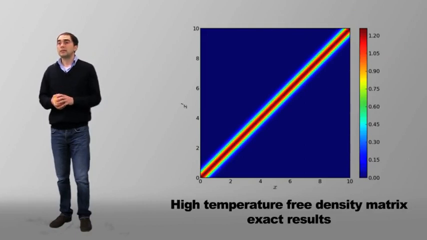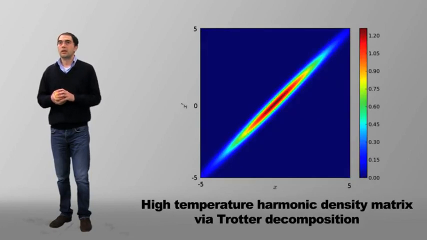Now let us add the harmonic potential V to the Trotter decomposition. You see that for large x and x prime, the density matrix is suppressed, and this is what keeps the quantum harmonic oscillator close to the origin.